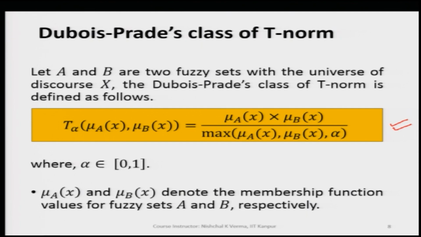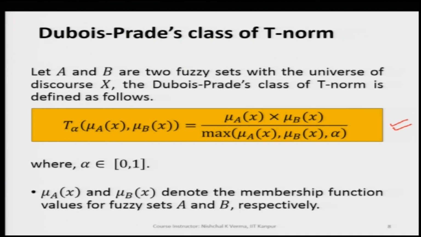This is a very simple expression, and the Dubois-Prade class of T norm is found by using this expression. Again, the Dubois-Prade class of T norm is used for taking the intersection of any two fuzzy sets. Here we have two fuzzy sets A and B, whose intersection is found by using the Dubois-Prade class of T norm. When we use this formula, here we have, as I mentioned, T alpha.